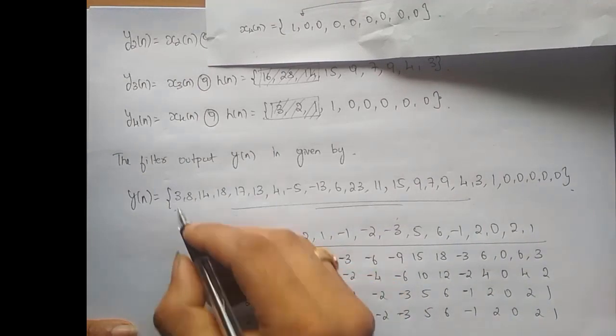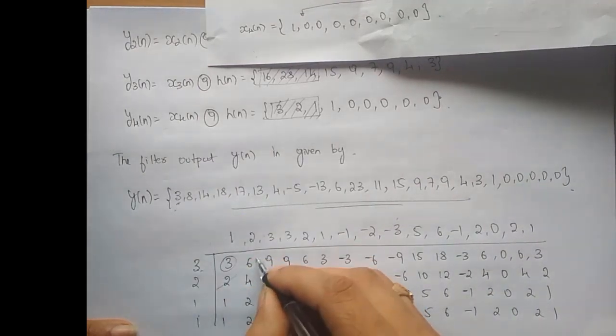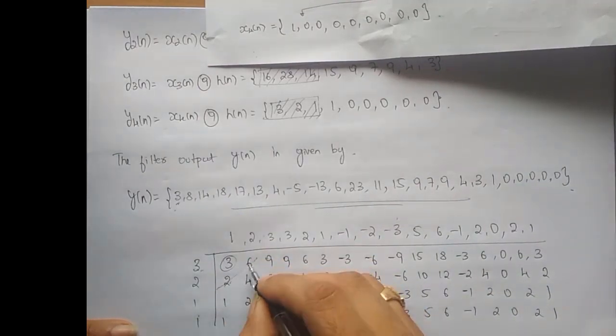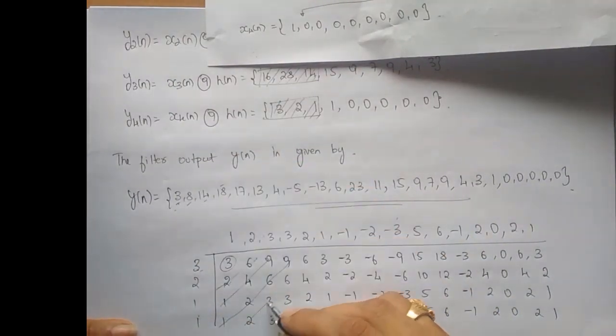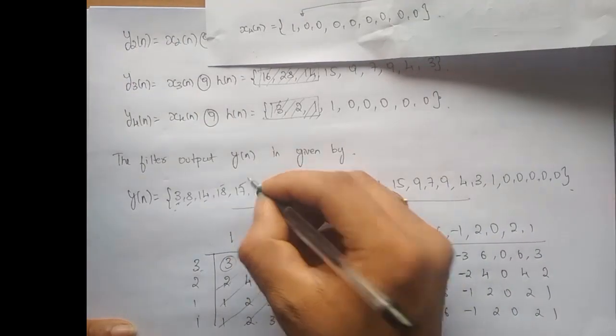So y of 0 is 3, y of 1 is 2 plus 6, which is 8, and 9 plus 4 plus 1 is 14, and 9 plus 5 is 15, plus 3 is 18, and 6 plus 6 is 12, 12 plus 3 is 15, 16, 17.